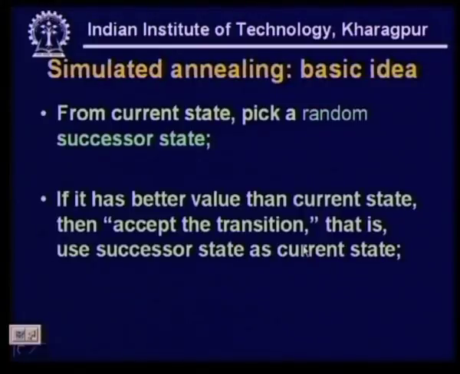What we do in simulated annealing, an algorithm which avoids some pitfalls of hill climbing, the basic idea is this. From the current state, we pick a random successor state. If that successor state has a better value than the current state, then we accept the transition.